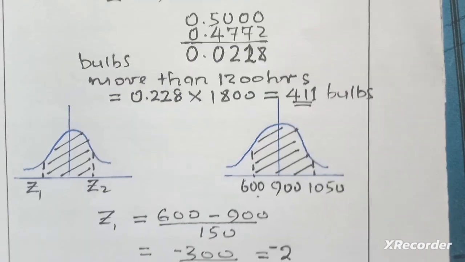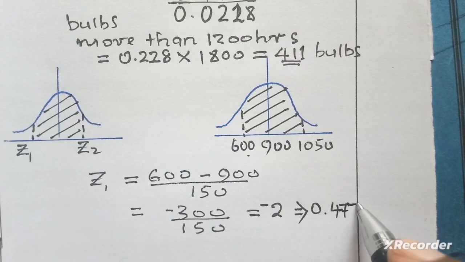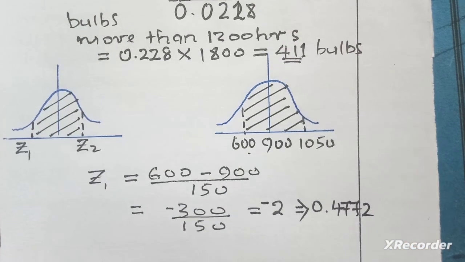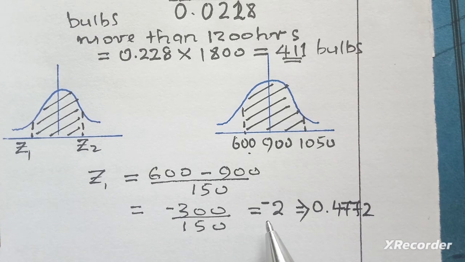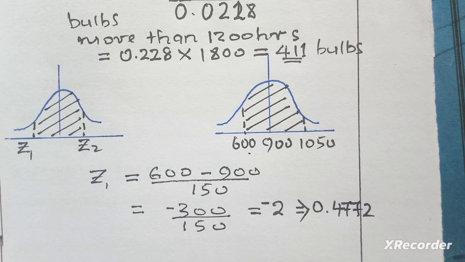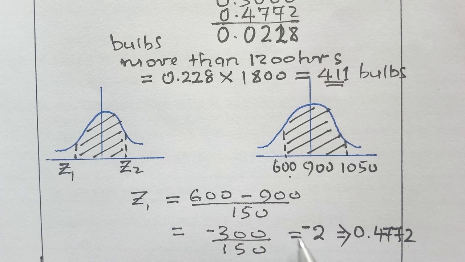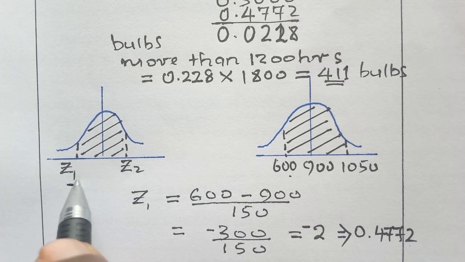So this will be equal to 0.4772. That's what we are going to get, guys, because in our tables we don't have negative, we only have positive. So even when we get negative, we get that. When we divide 300 over 150, we get negative 2, so the negative 2 is right here.